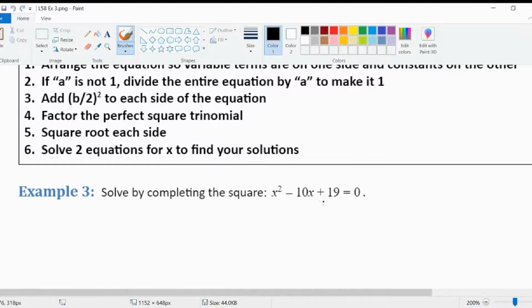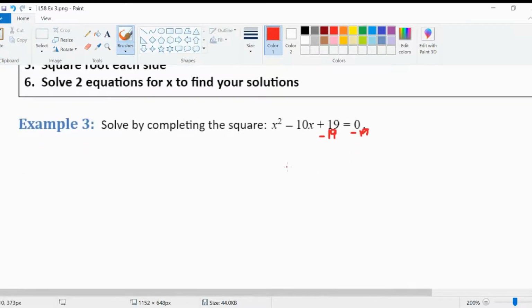So x squared minus 10x plus 19. Step 1, we want to arrange the equation so that we have just the a and the b term on one side. So we're going to subtract 19 over. We can use algebra to do that: subtract 19, subtract 19. Heading down then, we'll have x squared minus 10x.